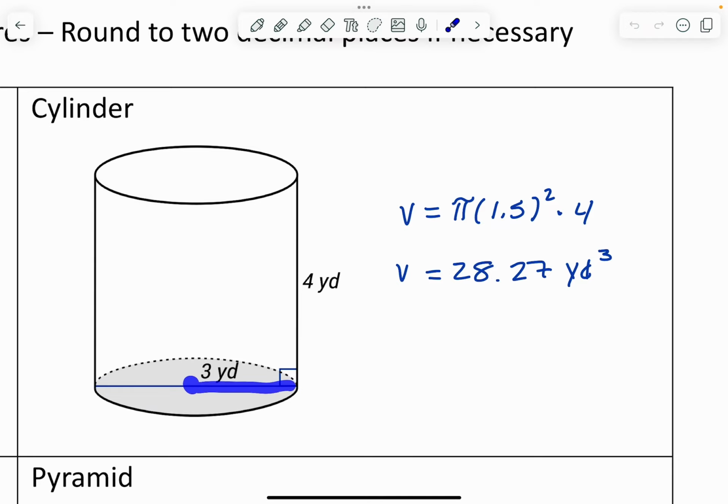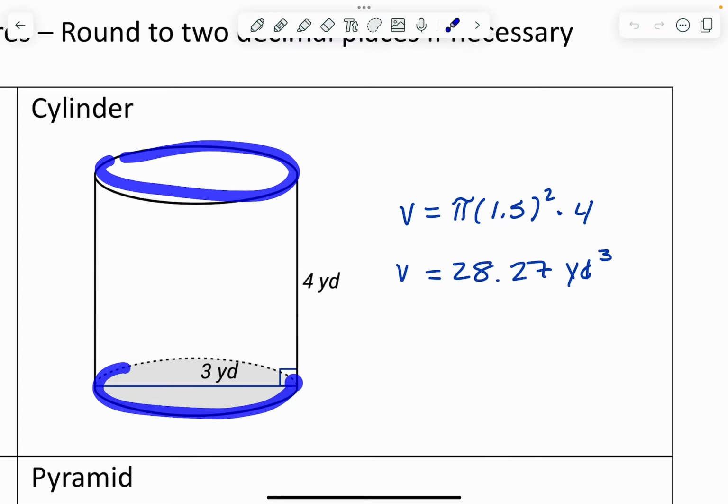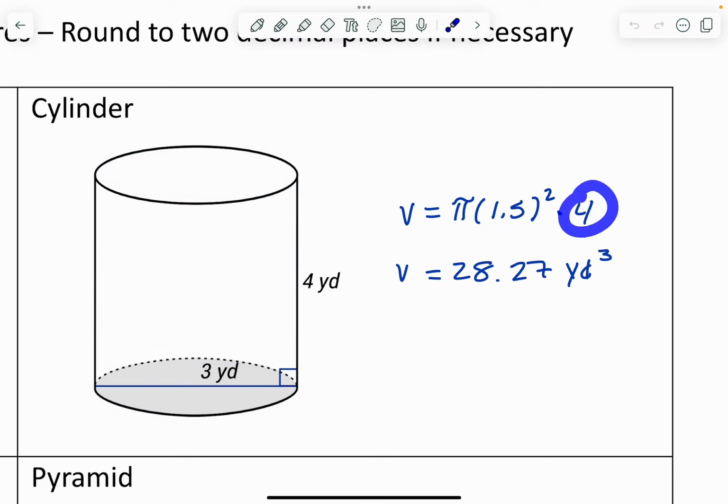Radius is 1.5. The height, the distance between our 2 circles, is 4. Pi times 1.5 squared times 4 gets you 28.27 yards cubed.